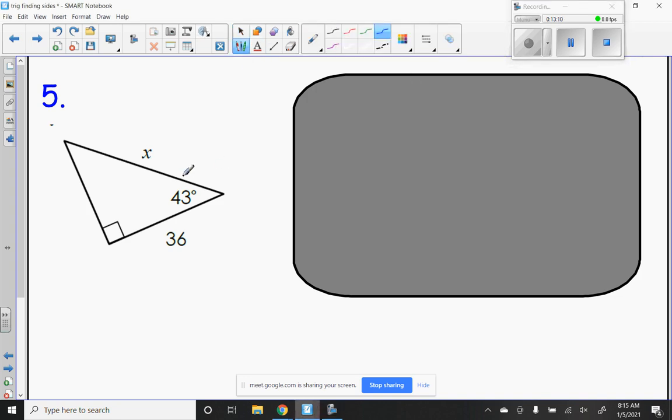All right, another example of the x being on the bottom of the fraction bar. Angle, hypo, is easy to identify. This is opposite and it's blank. That means this is the adjacent piece.